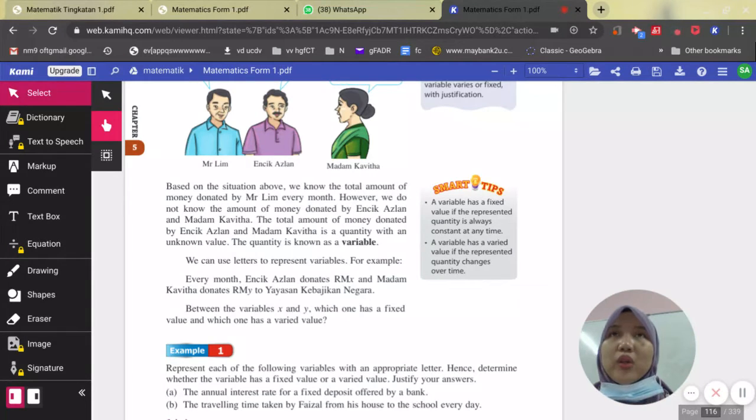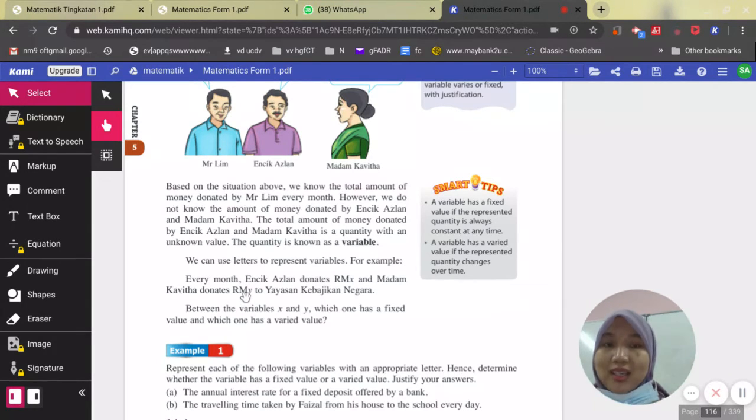We don't know, so we use a variable X. Variables is a letter. Variables ni adalah huruf. Kita gunakan huruf. So kita tidak tahu berapa yang dia derma, Encik Azlan dia derma, kita gunakan RMX. And Madam Kavita, we also don't know how much she donates, so we use a variable RMY.